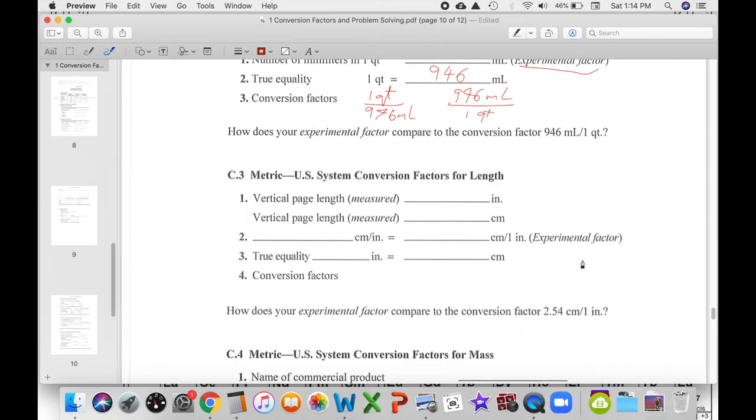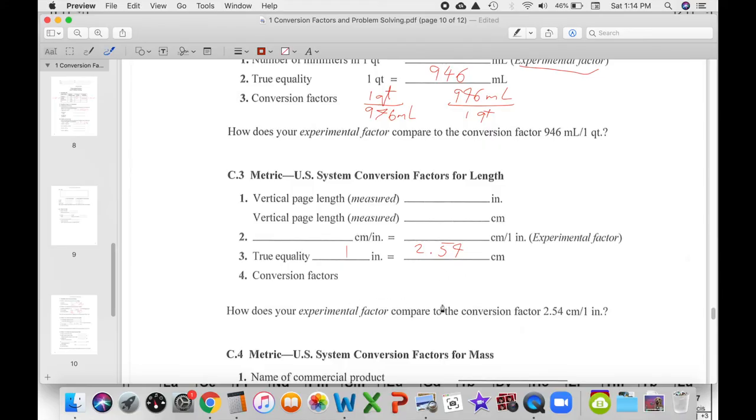And then you would look up the true equality, which on that table on page 3 would tell you that 1 inch is equal to 2.54 centimeters. You can write that out again as a conversion factor. It would be 1 inch for every 2.54 centimeters, or 2.54 centimeters for every 1 inch. Those would be your two conversion factors.